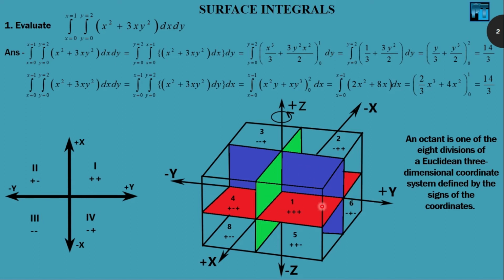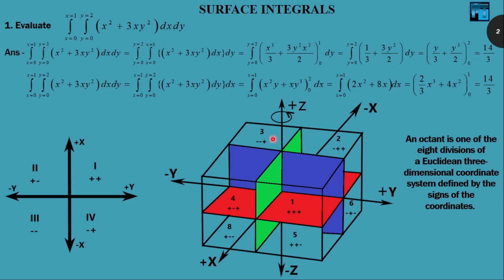So this small cube is one of the 8 octants where all the coordinates are positive: x positive, y positive, and z positive. In the second octant, you see, Z is positive, Y is positive, but X is not. So it is minus plus plus. This is called second octant.